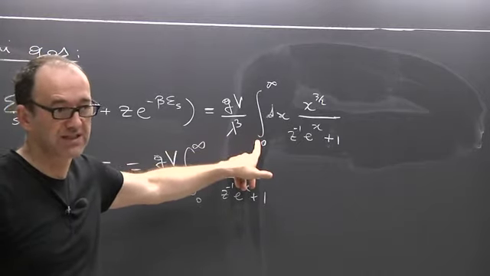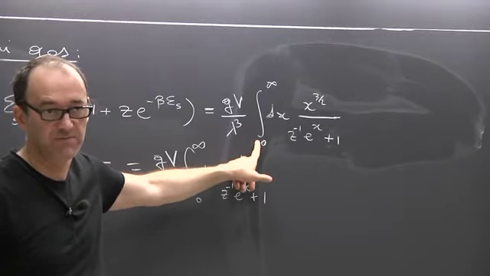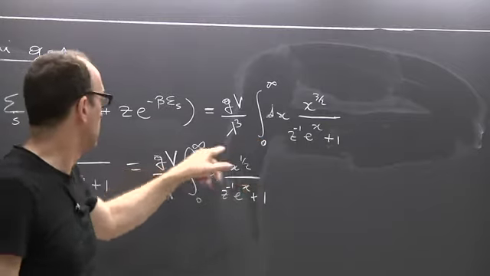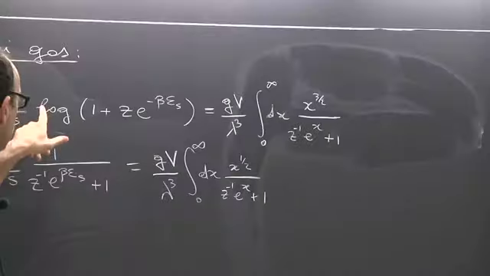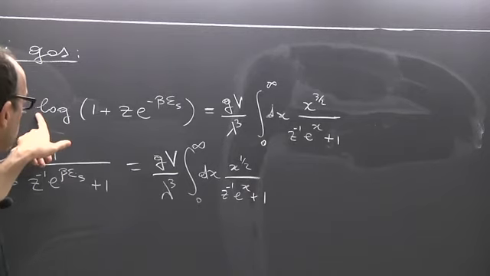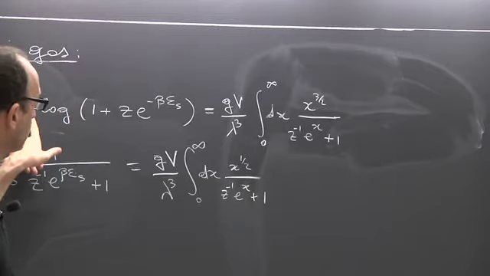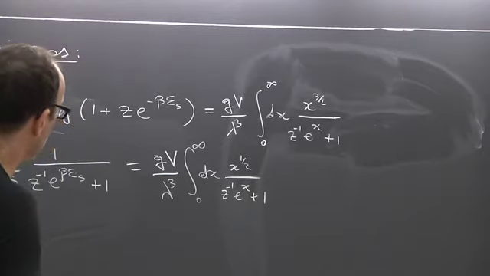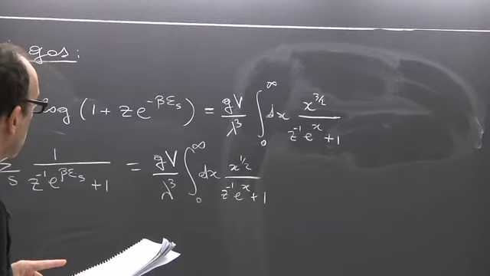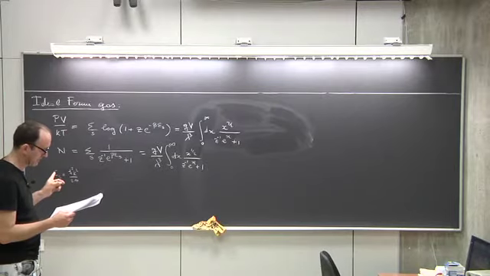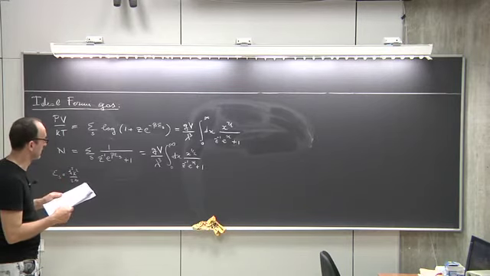But the calculation is exactly the same as we did last time. Okay? So there is an integral over the density of state, so it will be proportional to epsilon to the 1/2 times the log of this. And you do the integral by parts, and you get this equation here.